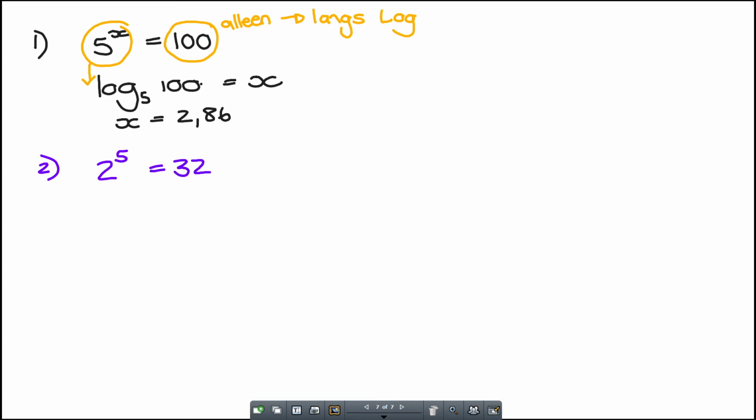Kom ons hou hom net gou eers klein vir die begin. Ja. So die vorige een se antwoord is op blok 15, 25. Nee, we nog 'n ekstra stapie, maar ek gaan nou daarby kom. Okay, sê gou, hoe gaan hy lyk?